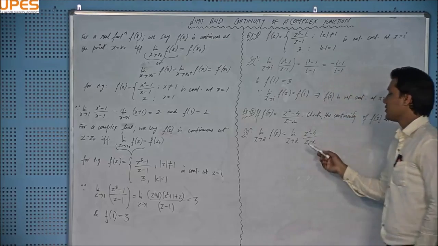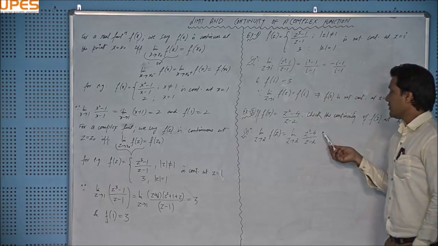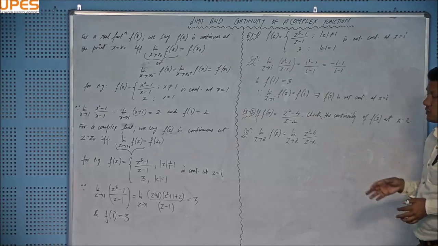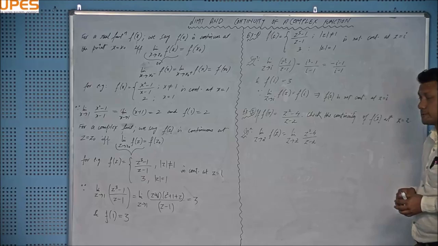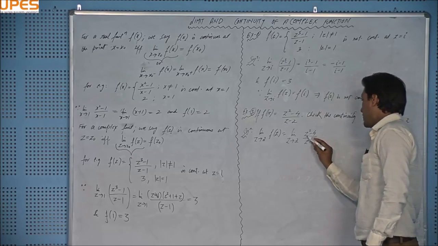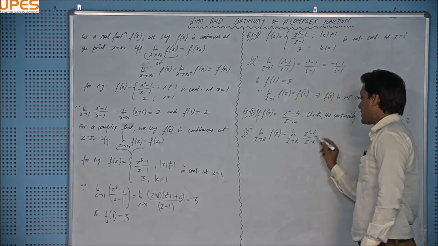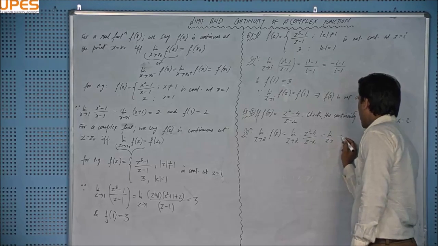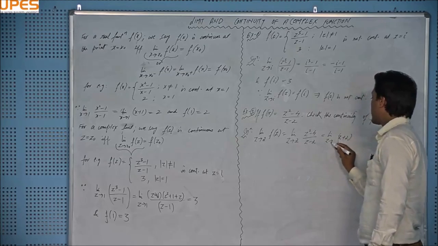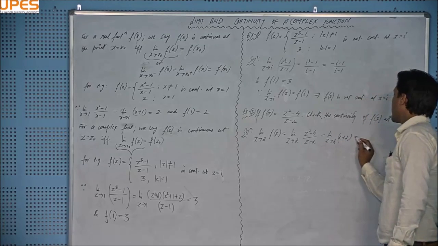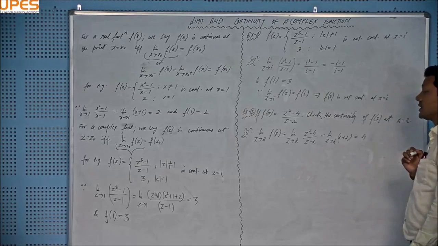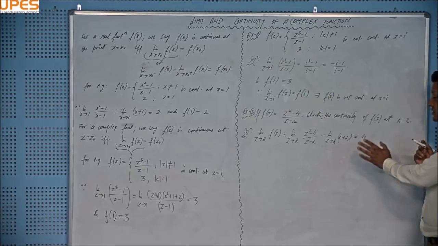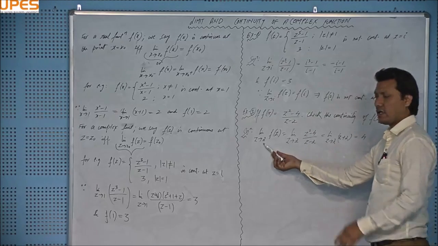If you plug z equal to 2 here, you will get 0 by 0 form, so you have to apply a formula or there will be some cancellation of a factor. Applying the formula, (z minus 2) multiplied by (z plus 2), the factor z minus 2 will be cancelled out and you will be left with z plus 2, and on plugging in 2 you will get 4. This is the limiting value of the function as z approaches 2 along any direction.